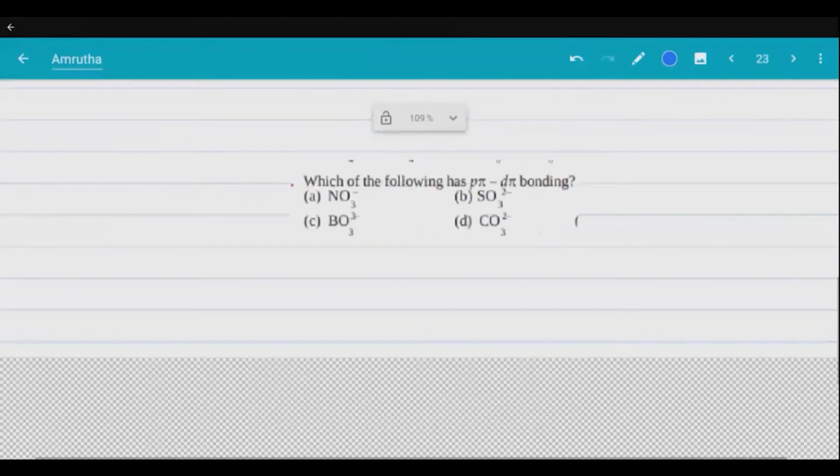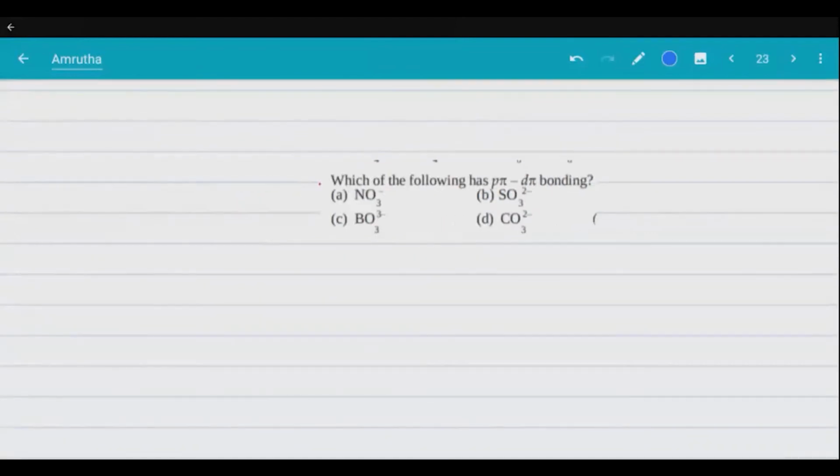And look at this question. It is a very, very important model. Which of the following has p pi d pi bonding? You can clearly see each and every molecule has a pi bond. Oxygens are there, so there should be a pi bond.